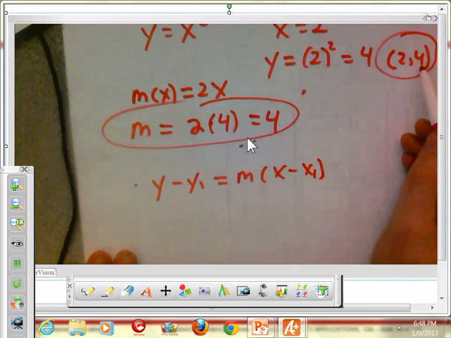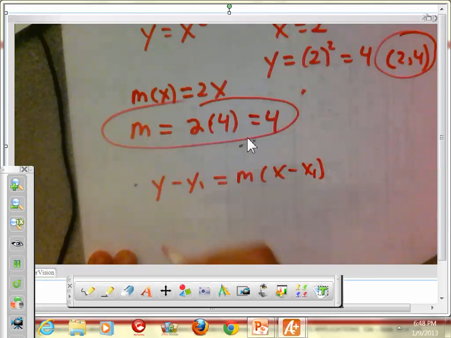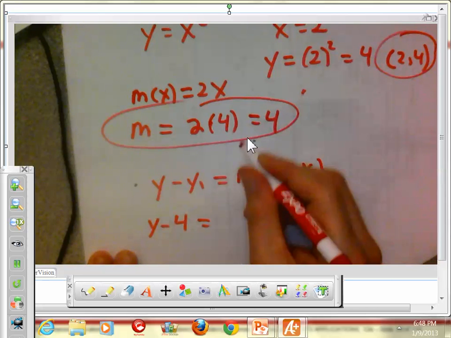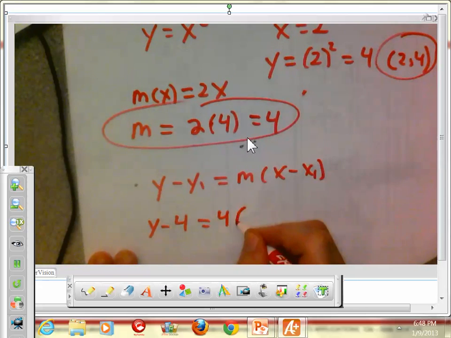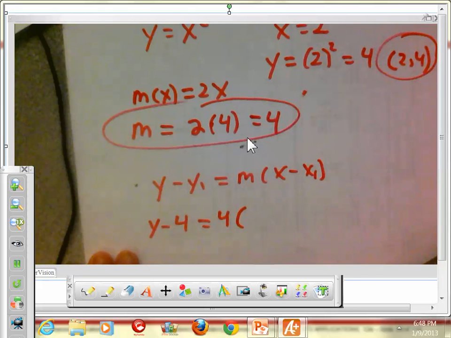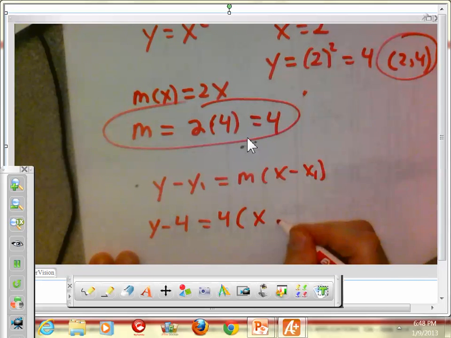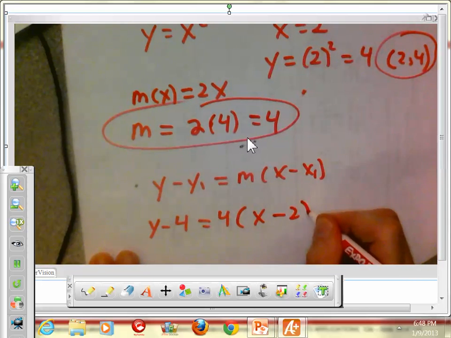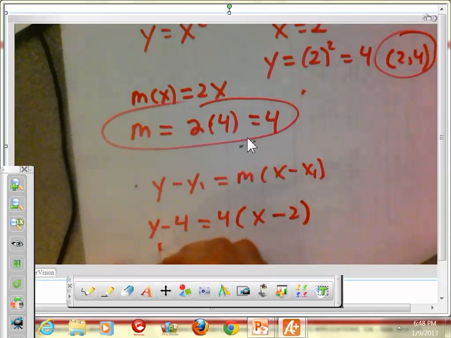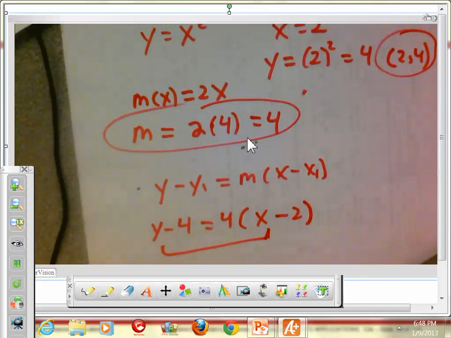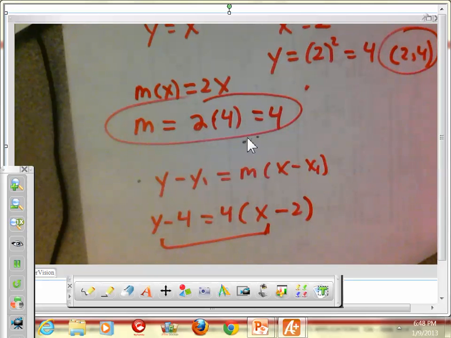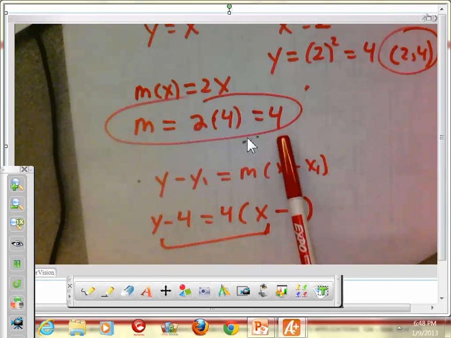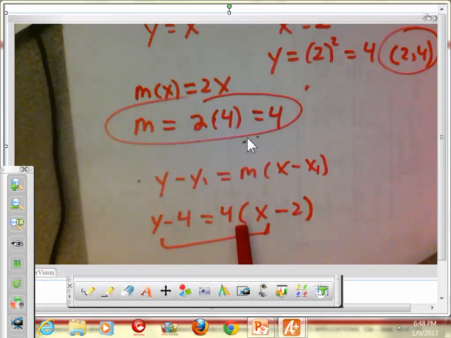So I'm just going to have y minus 4 is equal to 4 times x minus 2. So the equation for the tangent line, and this is what we're going to spend the next chapter talking a lot about, in point-slope form is y minus 4 is equal to 4 times x minus 2. And the slope of the curve at that point is just the slope of the tangent line, which is 4. Okay?